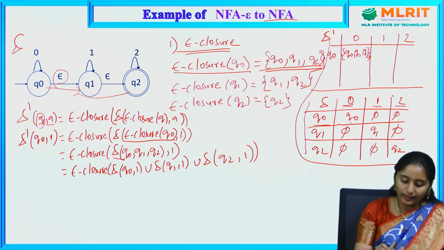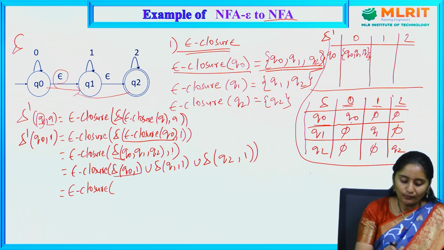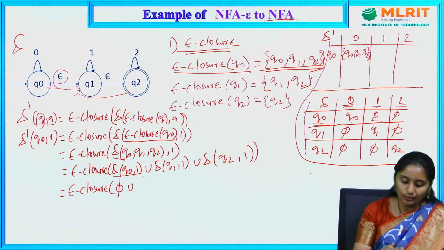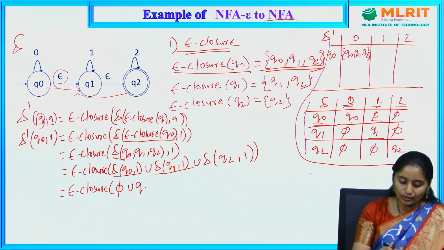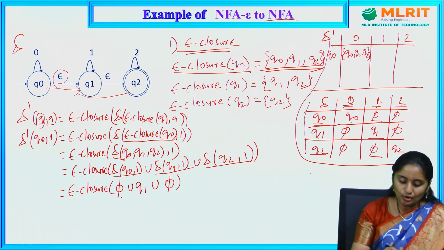I'm going to apply this one input on each and every state. So next, epsilon closure of delta of Q0 comma 1. Q0 on 1, what I have? Pi union delta of Q1 comma 1. I have input 1, Q1 union delta of Q2 comma 1. What I have? Pi. So pi union Q1 union pi.